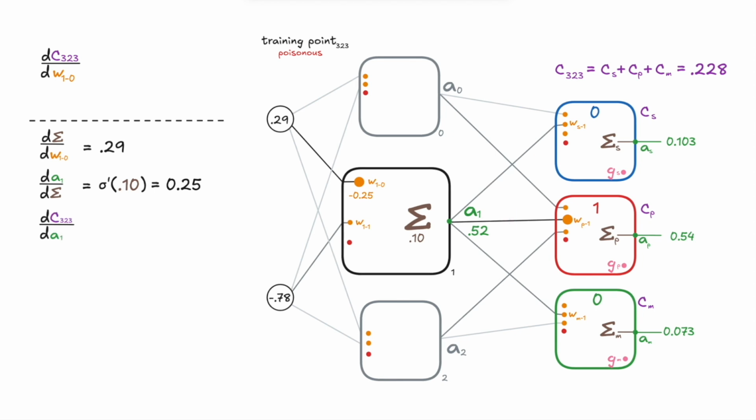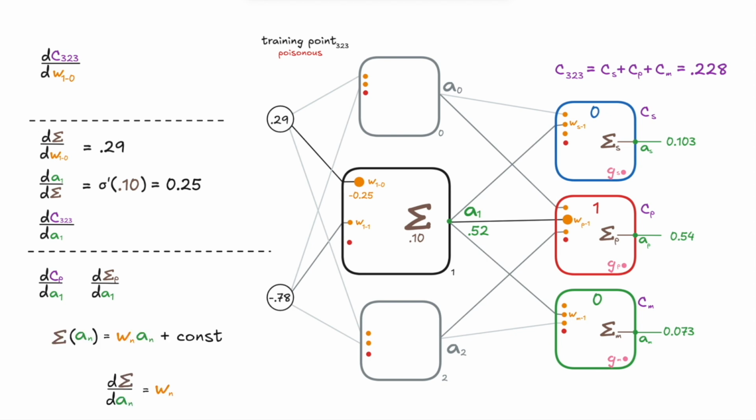How can we tell what changing the activation will do to the cost of the poisonous node? We'll use the chain rule and see what happens. Changing the input changes the node's sum. Since we're only changing this one input and holding everything else constant, the sum will change in direct proportion to the weight. If the weight were 0, changing this activation wouldn't affect the output at all.